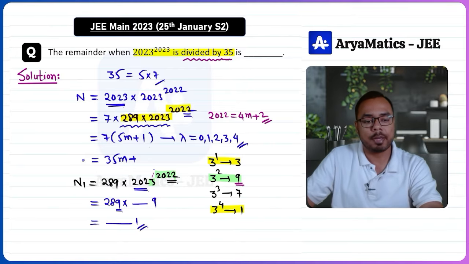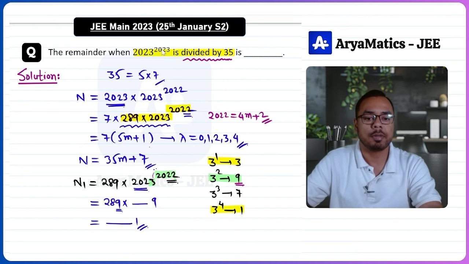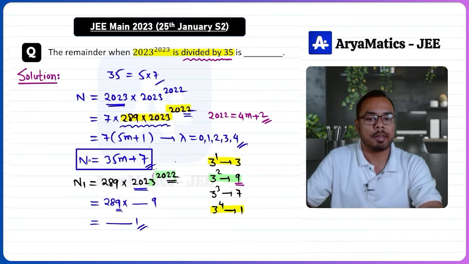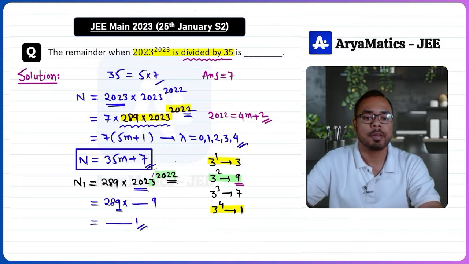And that means this number n will be 5m into 7, so that is 35m plus 7. So finally the number n is of this form. The number n will be a multiple of 35 plus 7. And if you divide this number by 35, the remainder must be 7. So that is the correct answer for this problem.